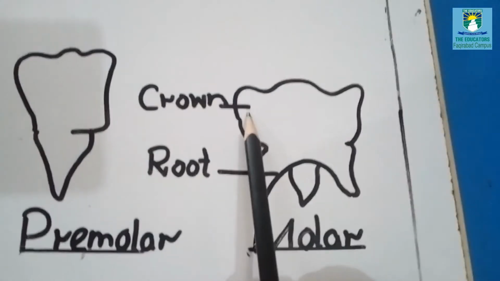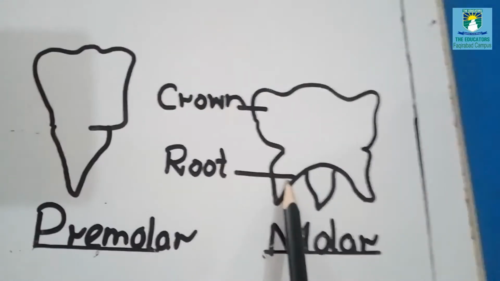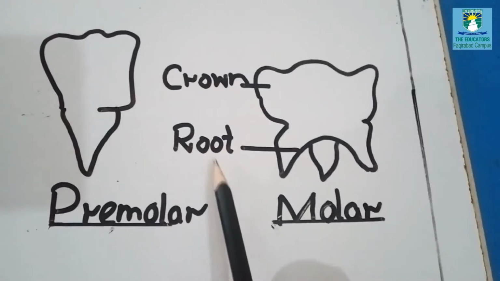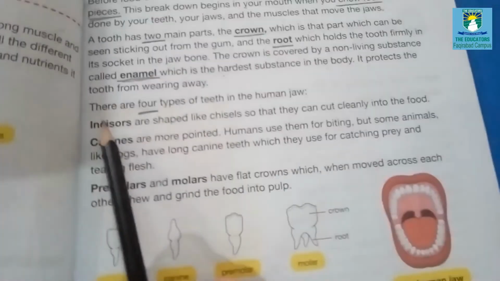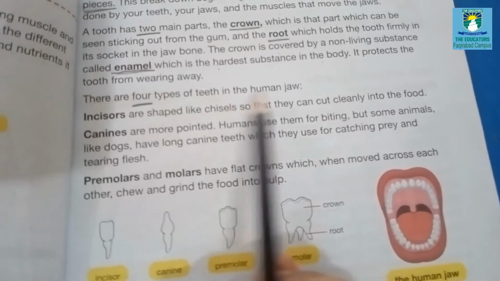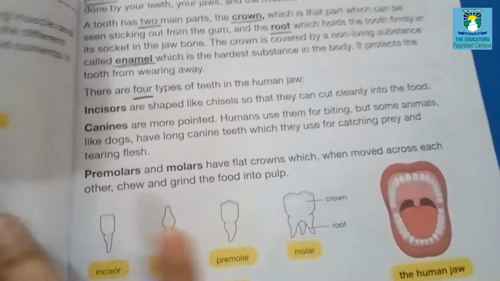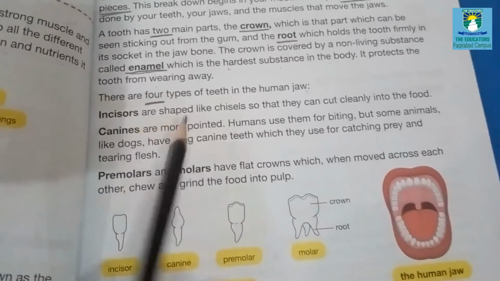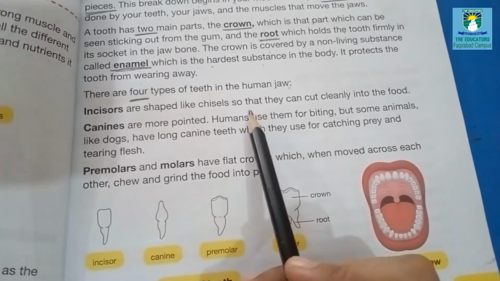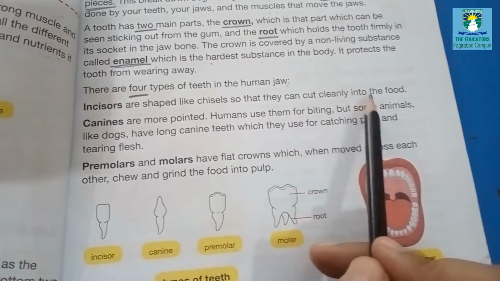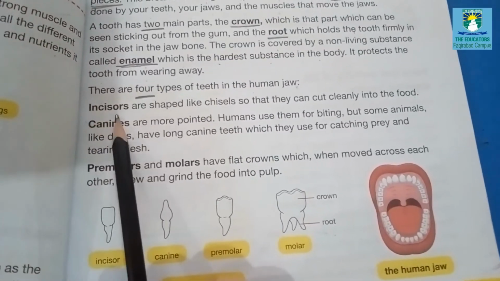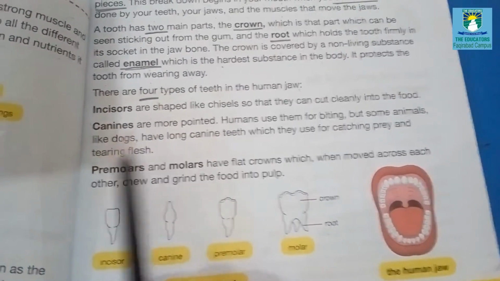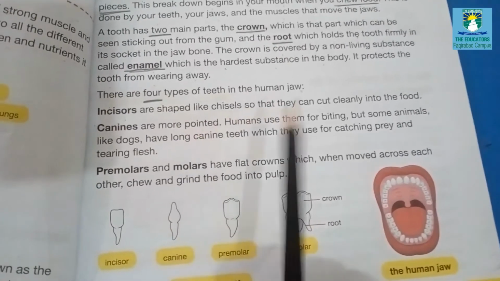This upper part is known as the crown and the lower part is known as the root. There are 4 types of teeth in the human jaw. Incisors are shaped like chisels so that they can cut cleanly into the food. Second, canines are more pointed.